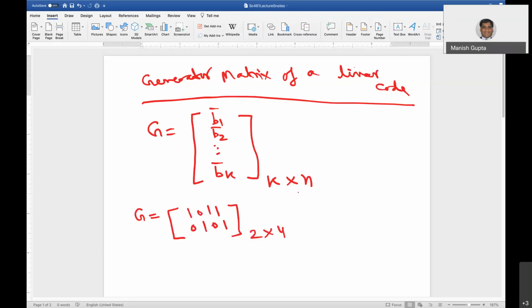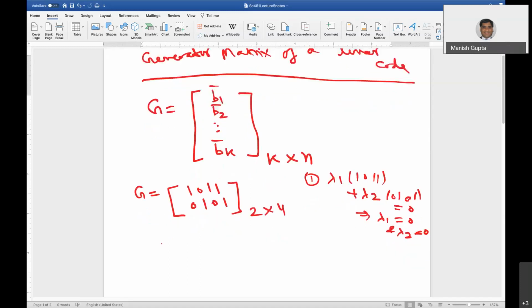So I can check the first condition: lambda 1 times 1011 plus lambda 2 times 0101 equal to 0 will give us lambda 1 equal to 0 and lambda 2 equal to 0. So these two vectors are linearly independent, right? They are the basis vectors.